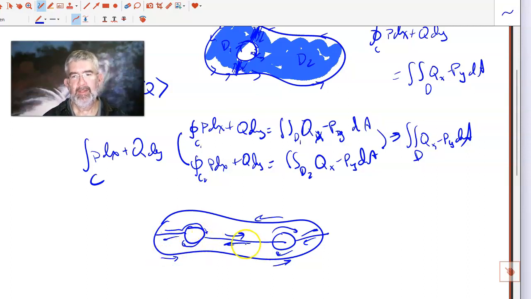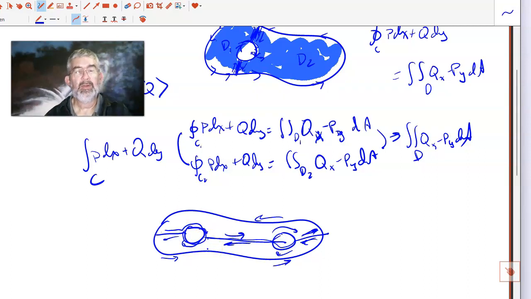Again, each of the added segments that you put in there gets used both in the forward and the backward direction, so they're going to cancel out, and you just get the outside curve rotated counterclockwise, and the inside curves, both of them, going in a clockwise direction.